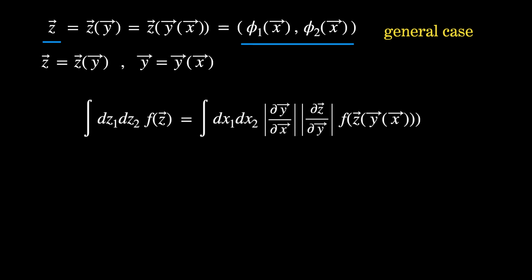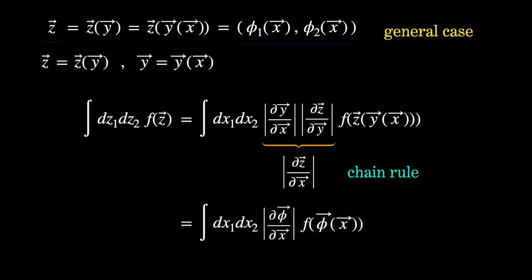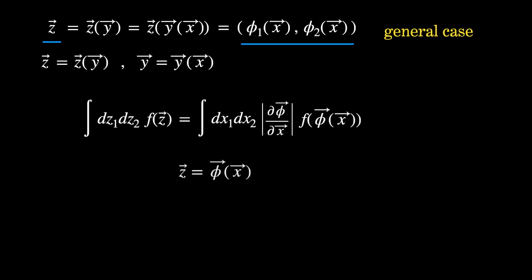And using the chain rule of the Jacobian, these two can be combined into the Jacobian between z and x. Therefore, the Jacobian formula holds for a general two-variable transformation.